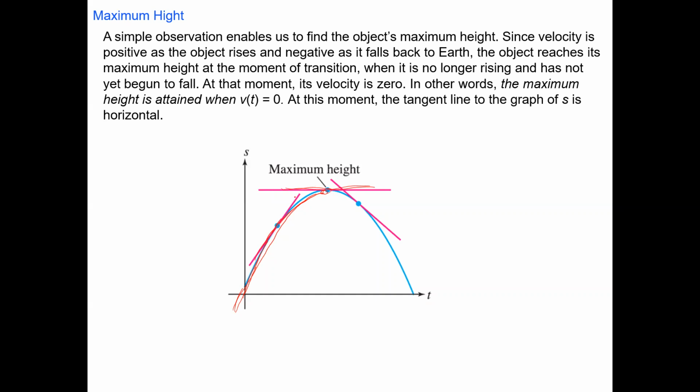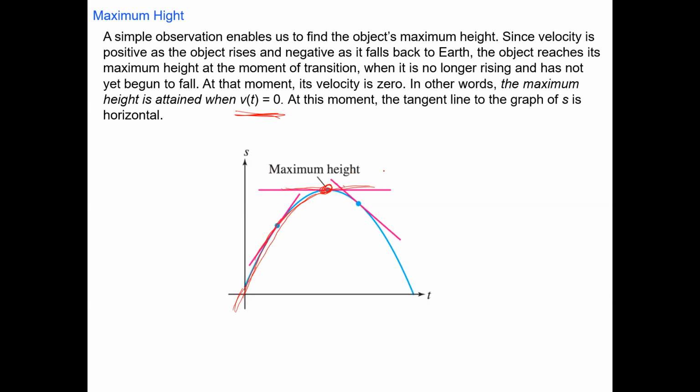For the horizontal tangent, slope is 0. If the slope is 0, derivative is 0. If the derivative is 0, velocity is 0. So this will be the moment that the object attains a maximum height.